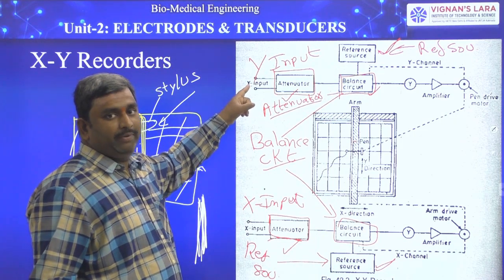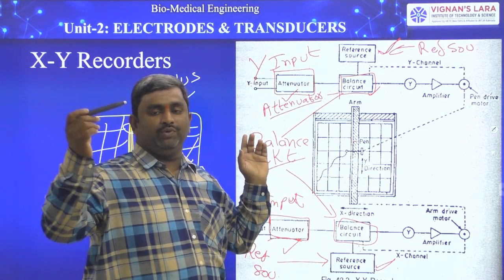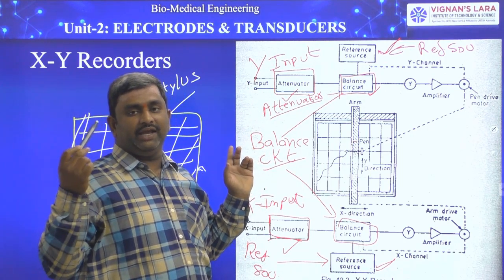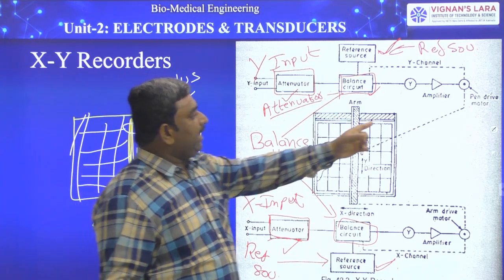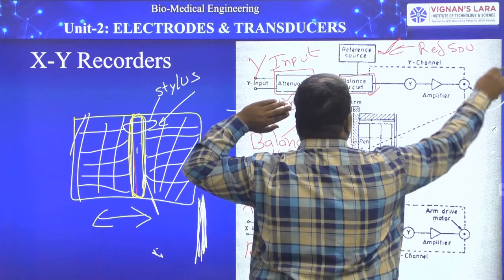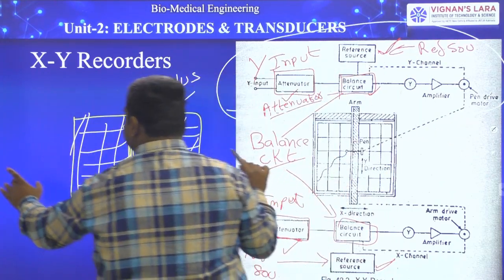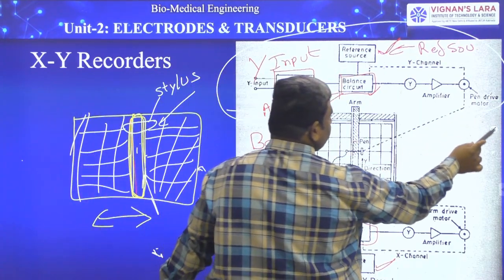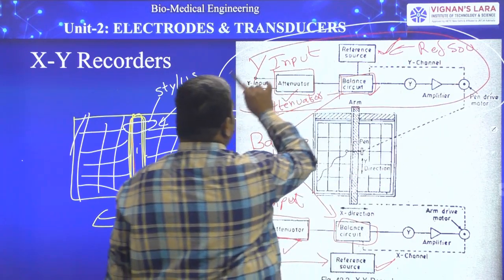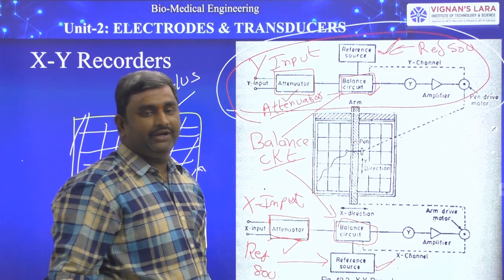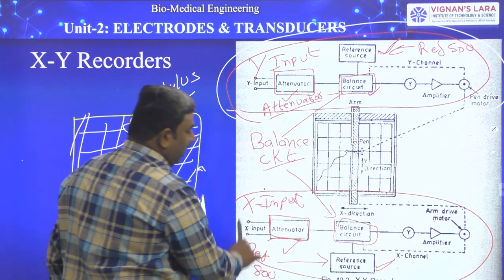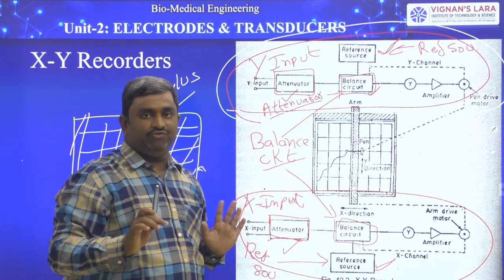So for Y information, how to move the pen? For moving the pen, we require the stylus driving mechanism. The stylus mechanism is the upper part we have drawn. In this upper part, we have Y related information, that is vertical related information. In the lower part, we have X related information.